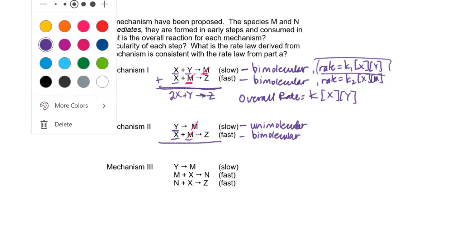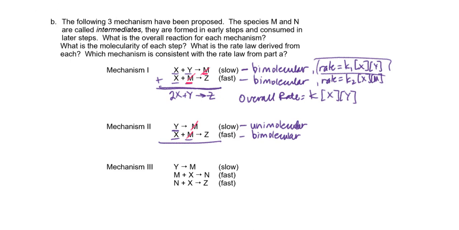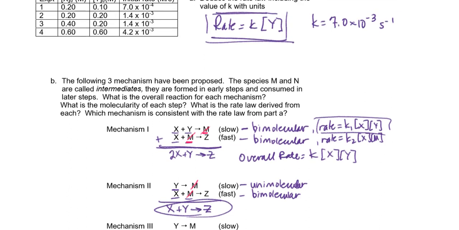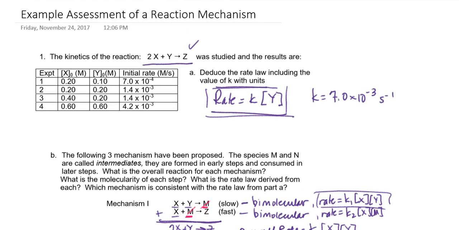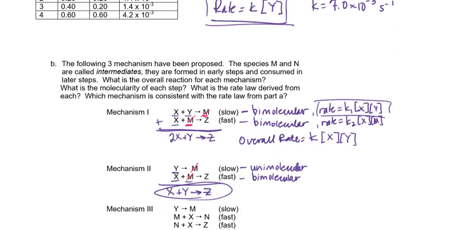And if I then go and add vertically, then I get X plus Y yields Z. Now, if you notice, this overall reaction equation does not match the overall reaction equation that I was given to start the problem.